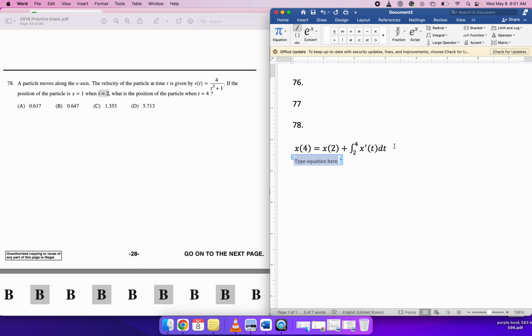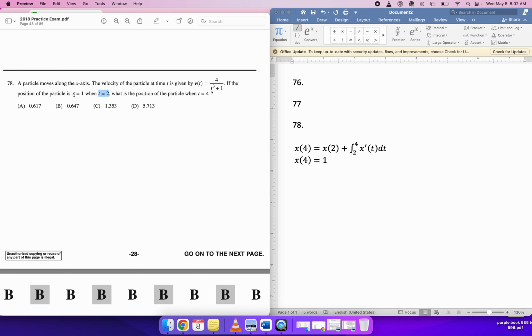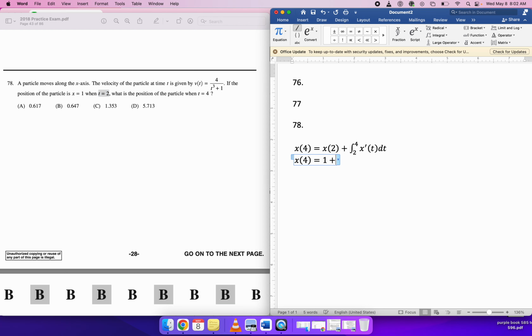Now, you can view it that way. It's useful to view it that way because we know what x of 2 is. It's 1, right? That's what this is telling you. And x prime, well, that's just the velocity function, right? And you have a formula for that. It's 4 over t cubed plus 1 dt.